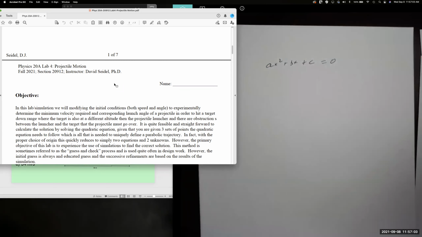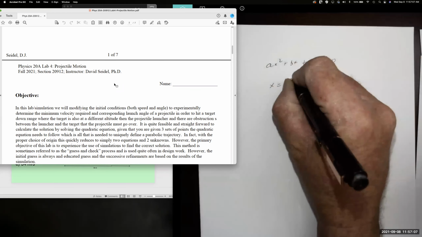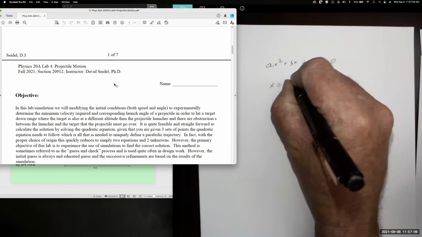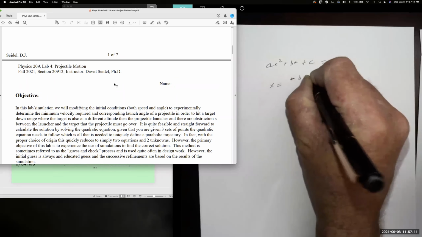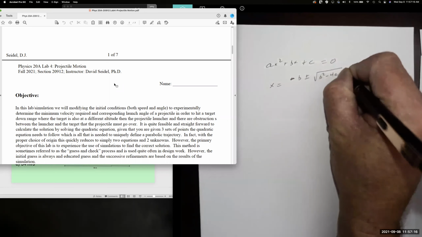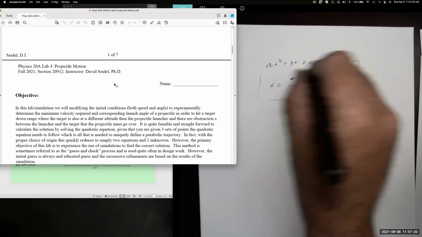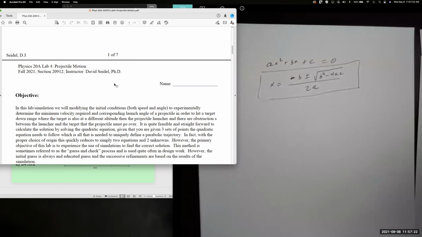Now you all know how to find x for this, right? x equals negative b plus or minus the square root of b squared minus 4ac, all over 2a. Pretty convenient, right? Quadratic formula. Everyone agree that that's pretty convenient?